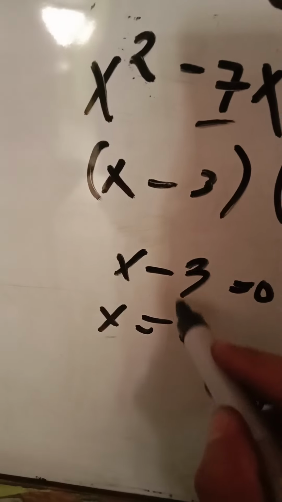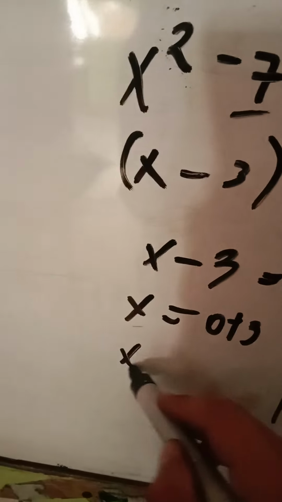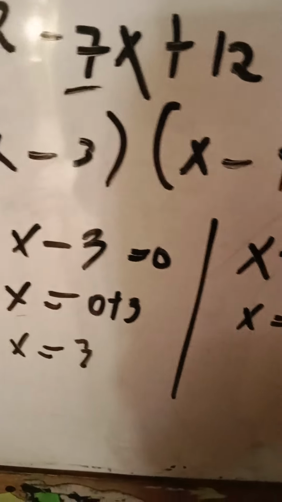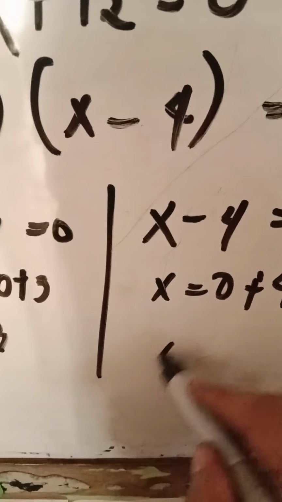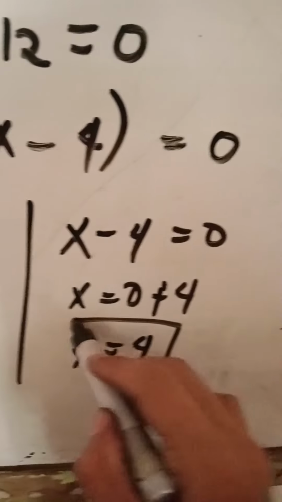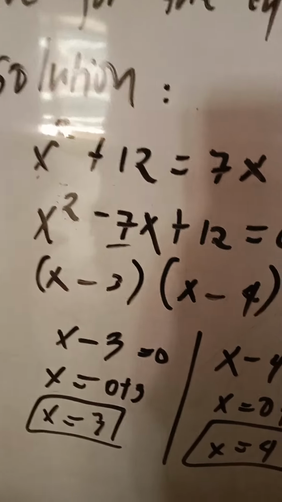Transposing the negative 3 to the other side, plus 3, our x is 3. For the other factor, x minus 4 equals 0, plus 4, our x is positive 4. So these are now our solutions for example number 1.